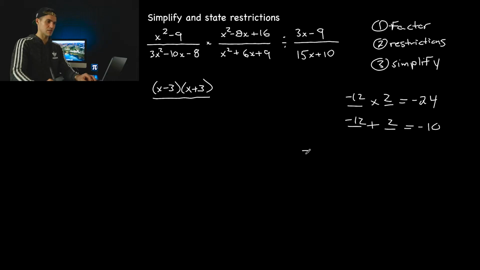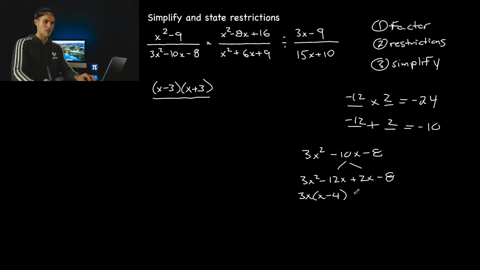So if we take 3x squared minus 10x minus 8, decompose that middle term into these two terms that we just found: 3x squared minus 12x plus 2x minus 8, right? So we'll have 3x times x minus 4, and then 2 times x minus 4.